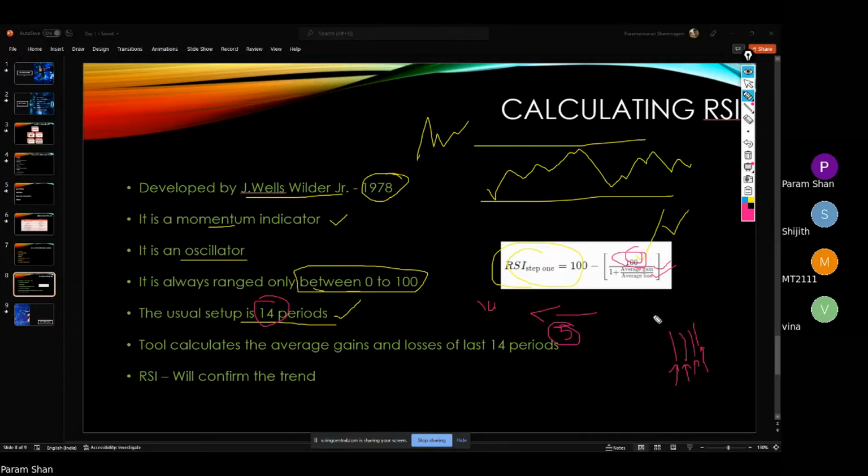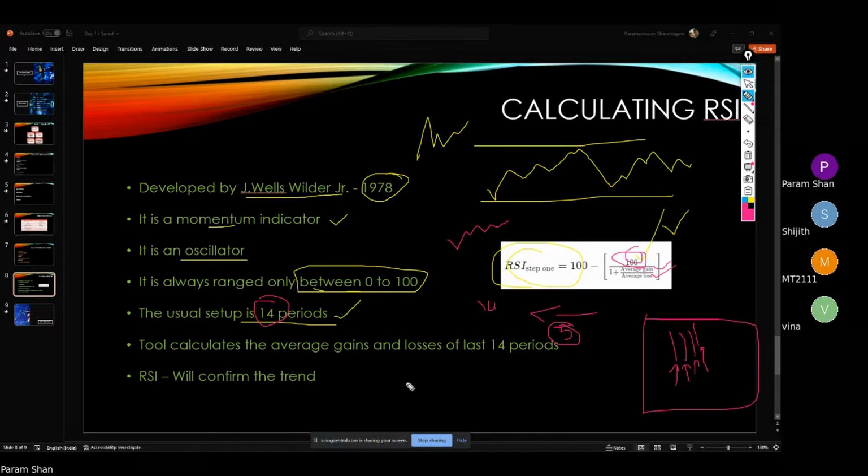On those 14 candles, it will try to understand how many are green and how many are red. With that, what is the average value of green and what is the average value of red? With that, these RSI lines will be charted in the oscillator. Okay, right.